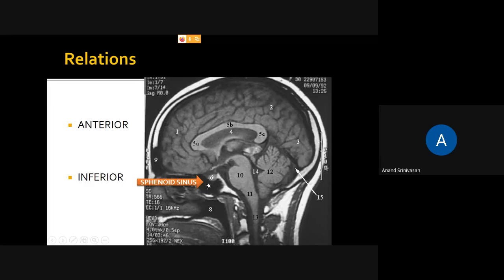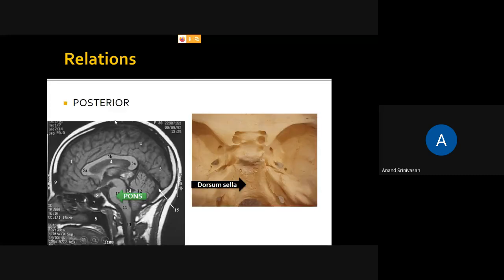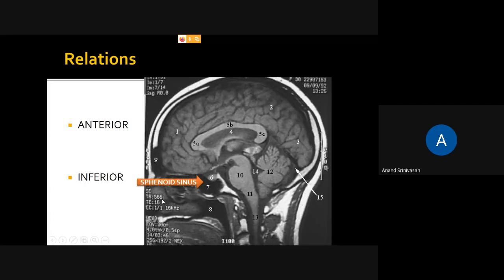Now the posterior relation. Once again, I'll show you in the previous picture itself. This is the pituitary gland. Posterior to the pituitary gland, what is situated? Here you can see number 10.